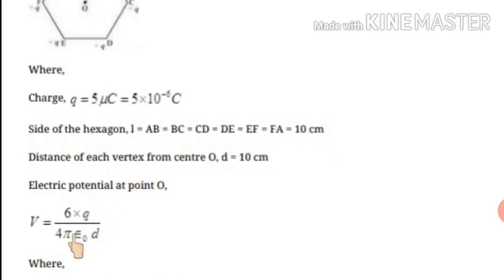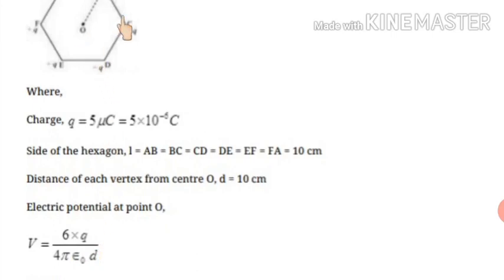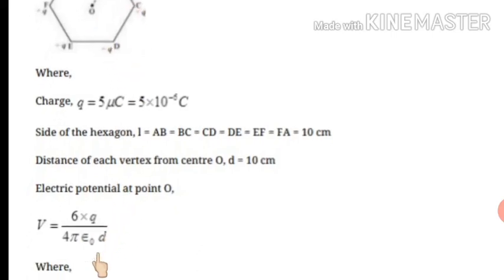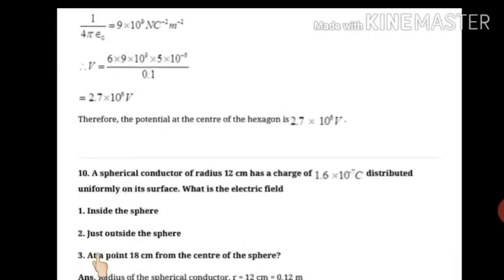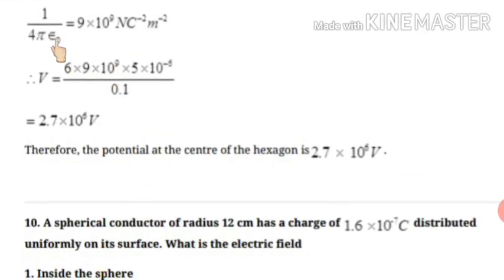Since 6 charges are there, we simply multiply 6 by its expression, q upon 4 pi epsilon naught d, where d is the distance of the center from each vertex where the charge is placed. So in place of d, what will we write? 10 centimeter, which we convert into meter.